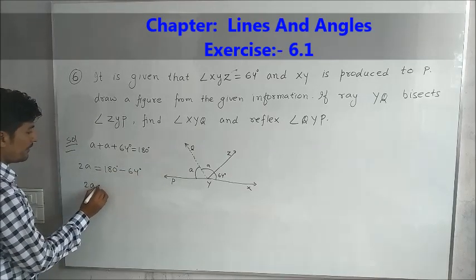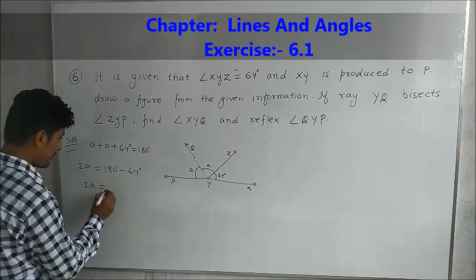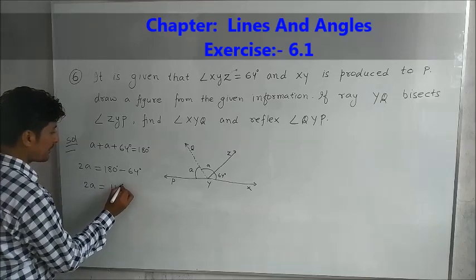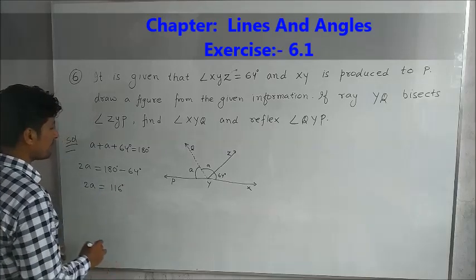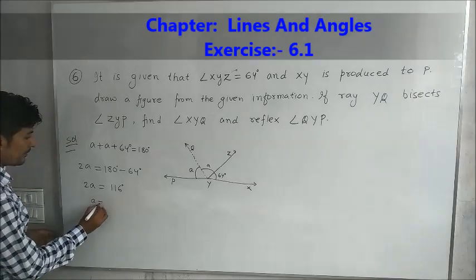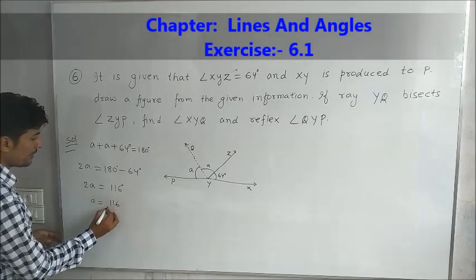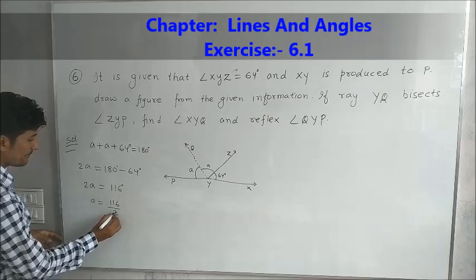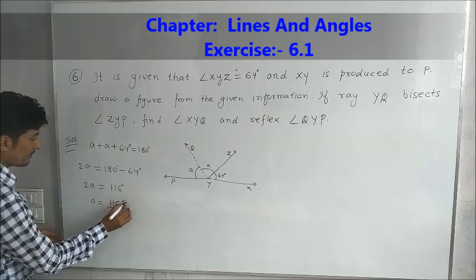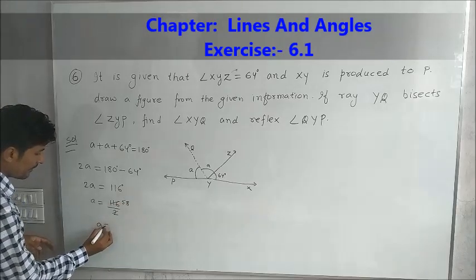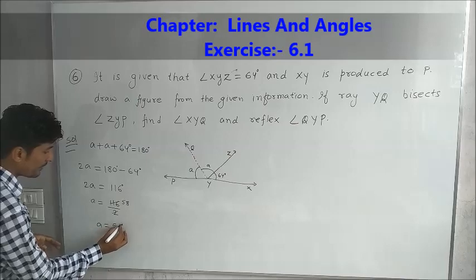So 2A will be equal to 116 degrees. So the measurement of angle A will be equal to 116 upon 2. A equals 58 degrees.